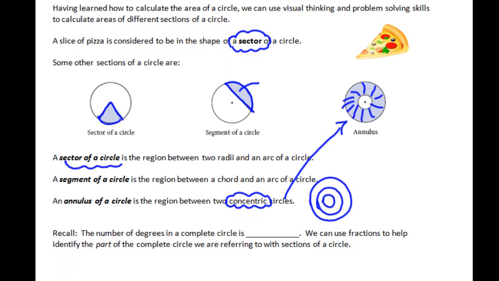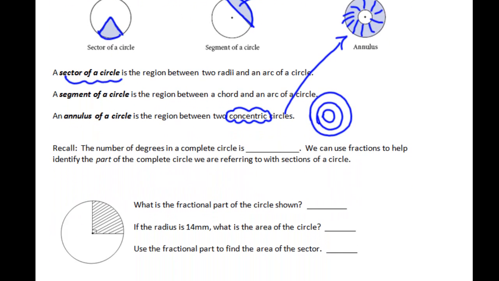So think about the number of degrees in a complete circle. We're going to be using fractional parts of a circle, kind of like using ratios, to discuss these areas. The total number of degrees in a circle is, drum roll please, 360 degrees. We can use fractions to help identify the part of the complete circle we're referring to.